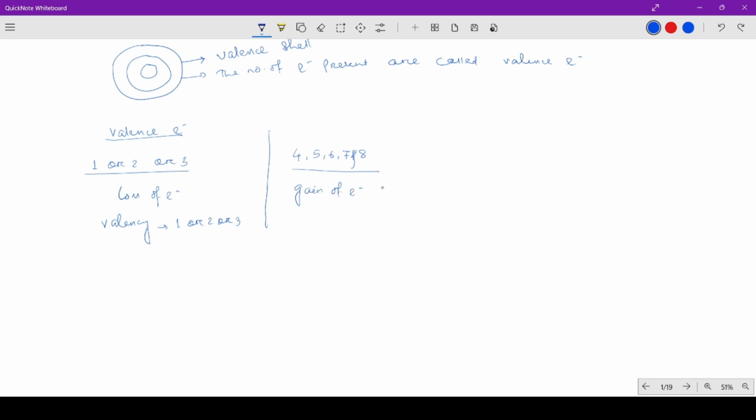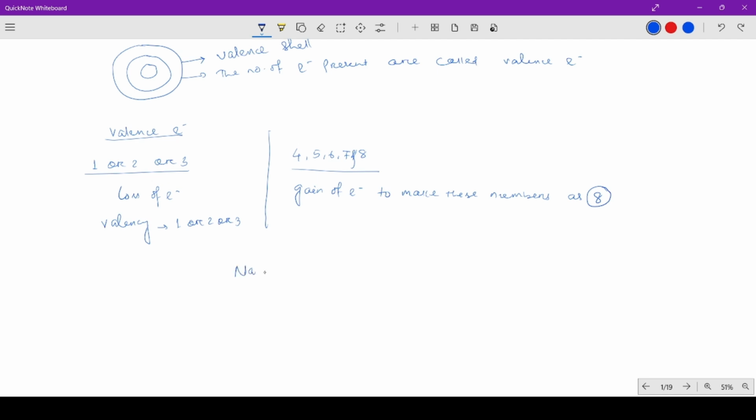The electrons are gained to make this number 8. Now let us understand why there is loss and gain of electrons. I'm taking two elements.